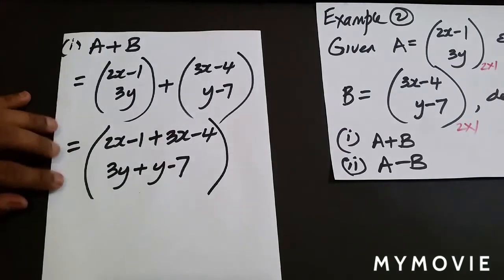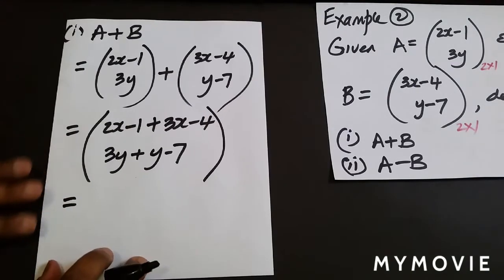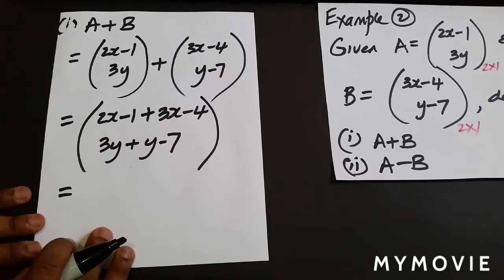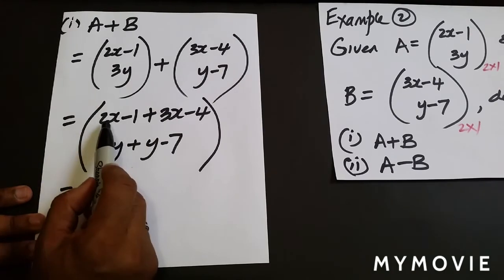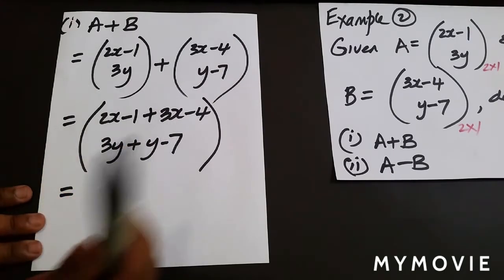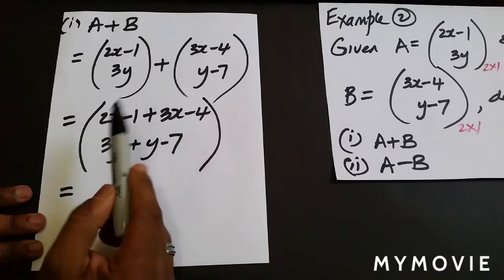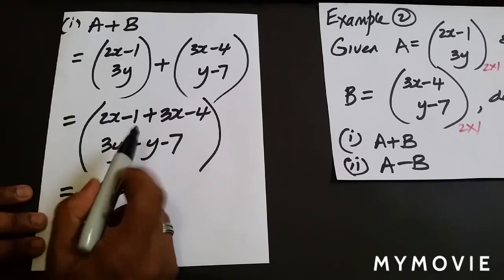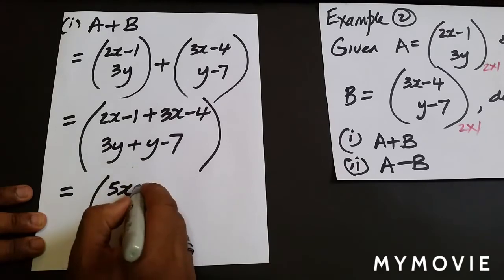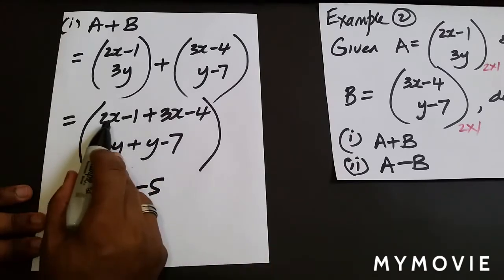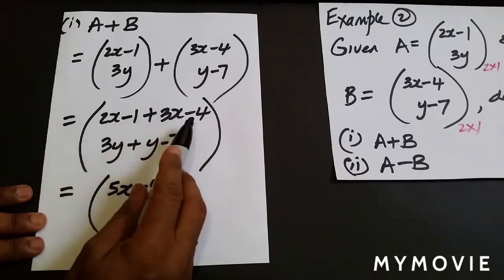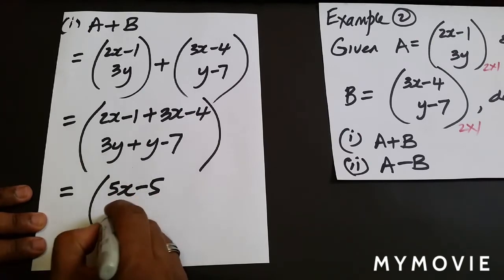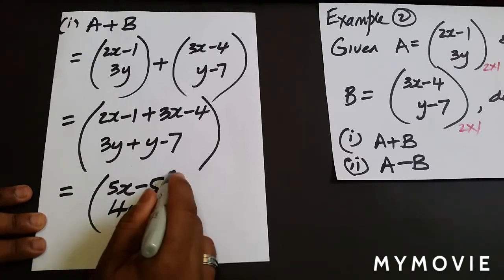So I'm adding the corresponding elements. It is a good idea to group the like terms, but as you know I don't have a lot of space, so I'm just going to go straight into the final answer. I recommend that you group the like terms together before you proceed. 2x plus 3x gives me 5x, and negative 1 minus 4 is simply negative 5. 3y plus y is 4y, and we have minus 7.